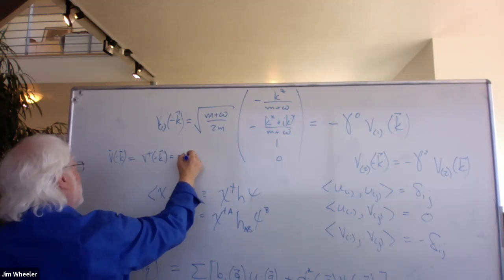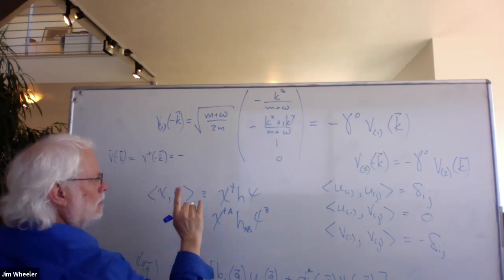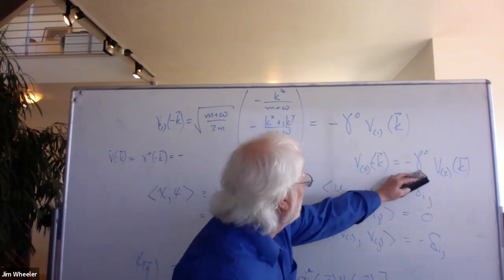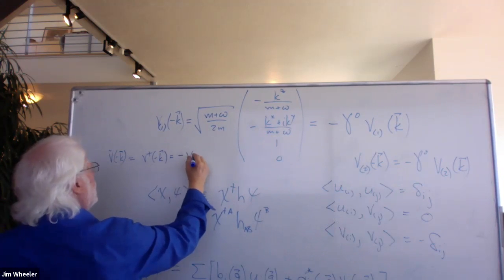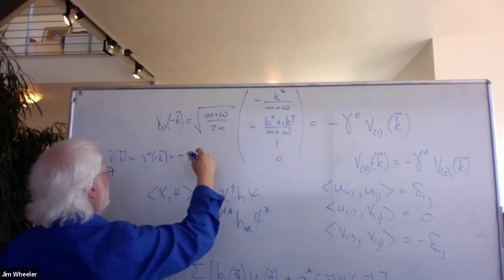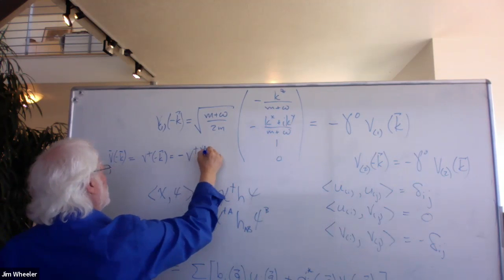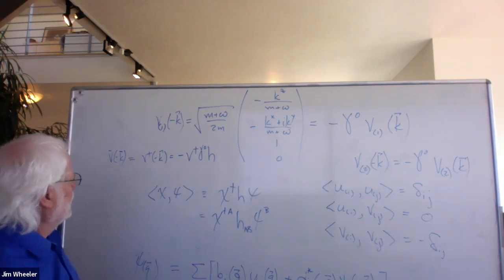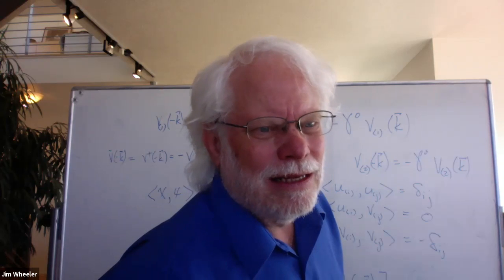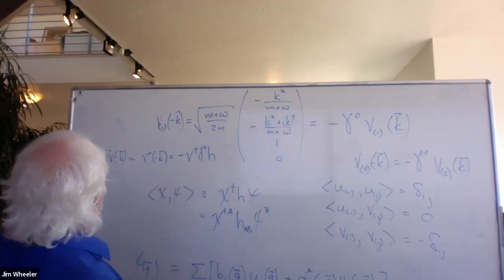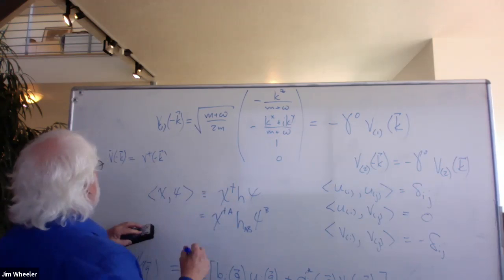I can put this gamma 0 on either side. It's a diagonal matrix, so I can write v dagger gamma 0 h if you like. You're missing an h in the middle term of that equation, right? Yeah, okay, let me do this more carefully.